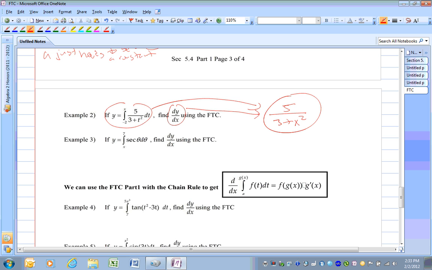If you took the derivative with respect to x of the antiderivative from negative 2 to x of 5 over 3 plus t squared times dt, you just get the same thing.